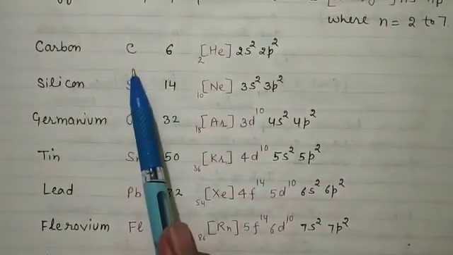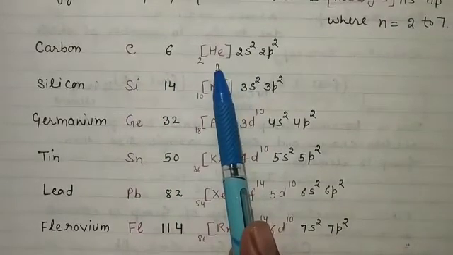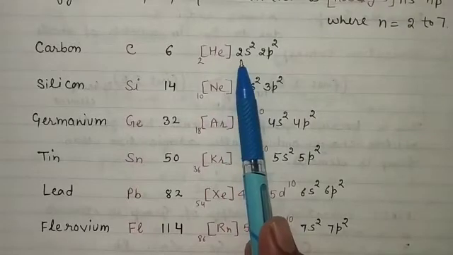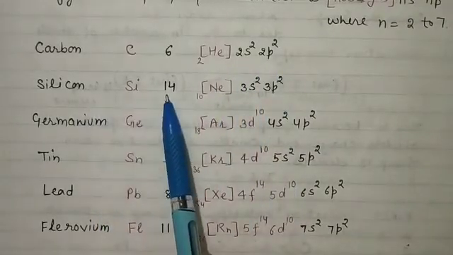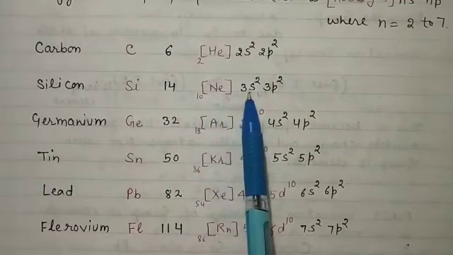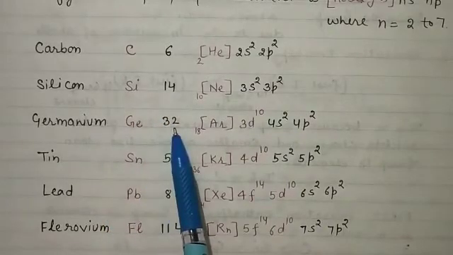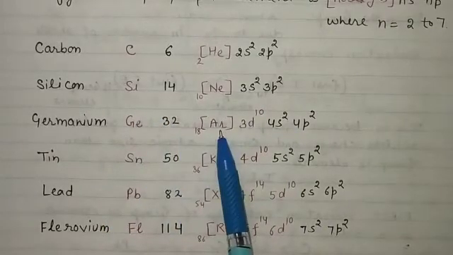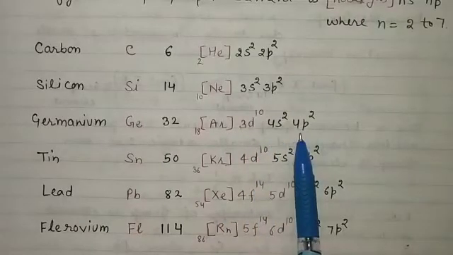Carbon has the electronic configuration corresponding to the noble gas helium, 2s2 2p2. Silicon, symbol Si, atomic number 14, neon 3s2 3p2. Germanium, Ge, atomic number 32, argon 3d10 4s2 4p2.